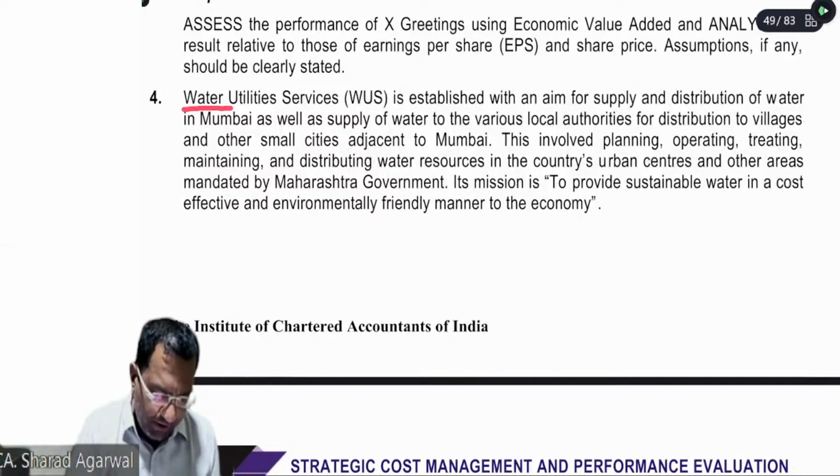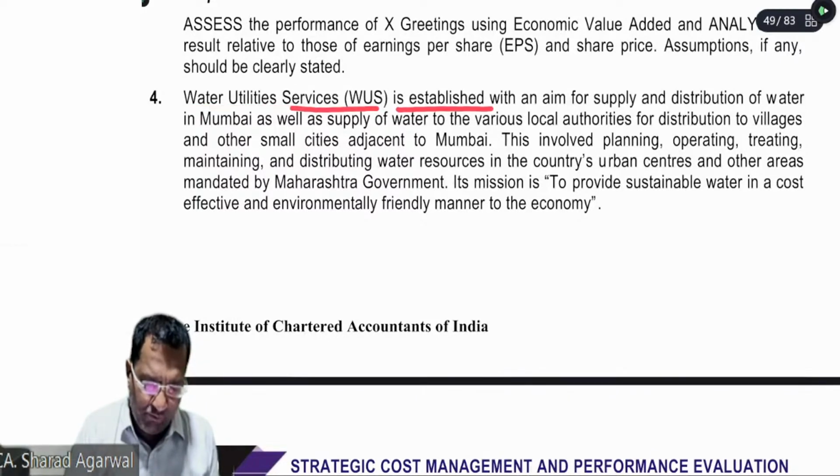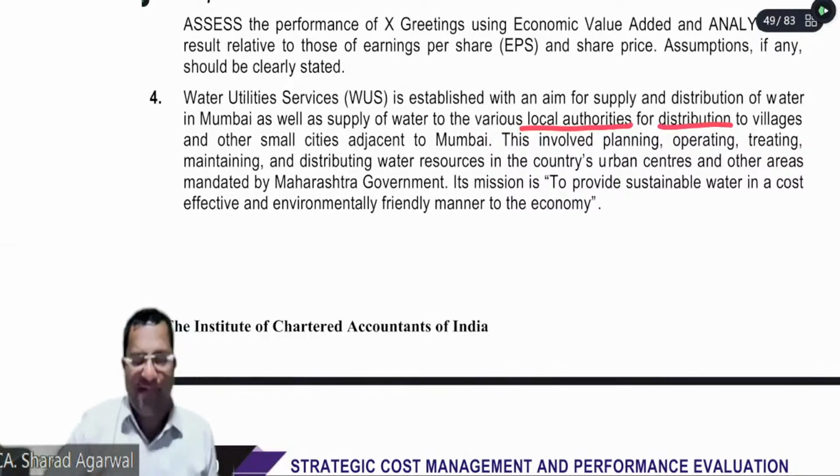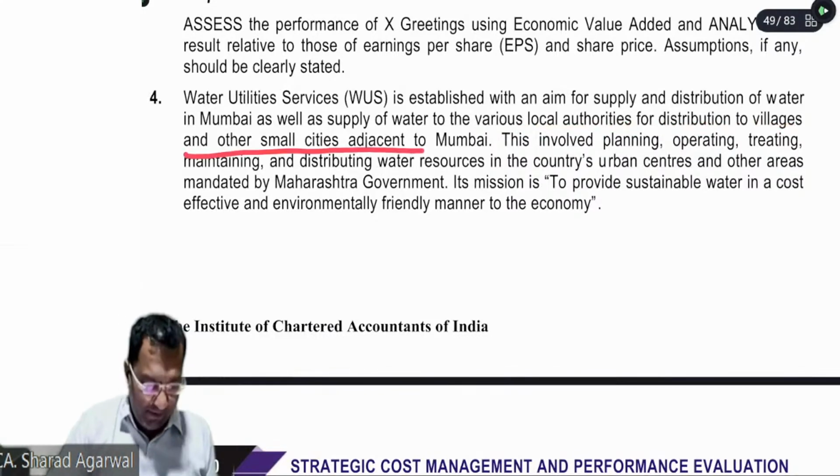Water utility service is established with an aim for supply and distribution of water in Mumbai, as well as supply of water to the various local authorities for distribution to villages and other small cities adjacent to Mumbai. So the name of the company is Water Utility Service.